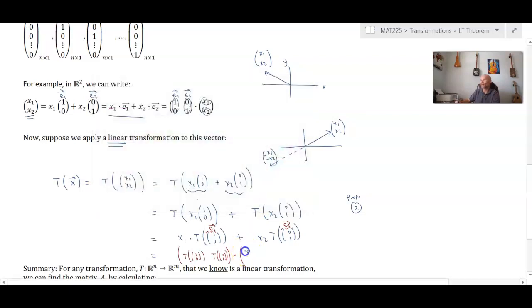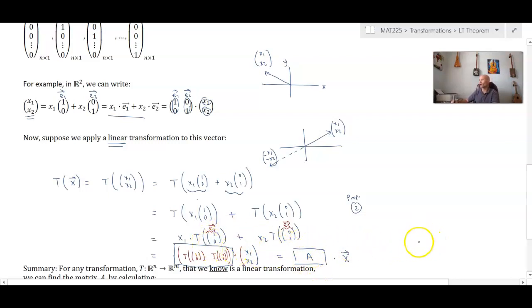So I'm writing this now as matrix vector multiplication. If you notice, this right here is a matrix because it has 2 columns, each with 2 values, 2 rows. If I think about what's in the box as the matrix A, and x1, x2 is the vector I was trying to transform in the first place, then we can see the correspondence here.